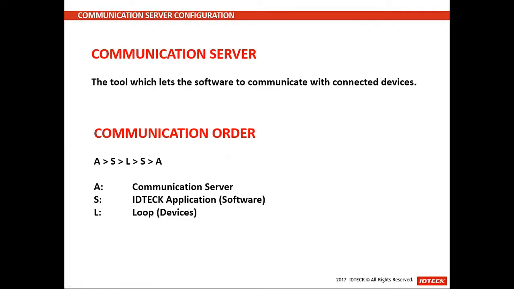So whenever the system starts to communicate, it starts from the communication server, A, and it gets passed on to the software and then the devices. After that, it goes back from the devices to the software and then back to the communication server. So this is the actual order for the communication process.